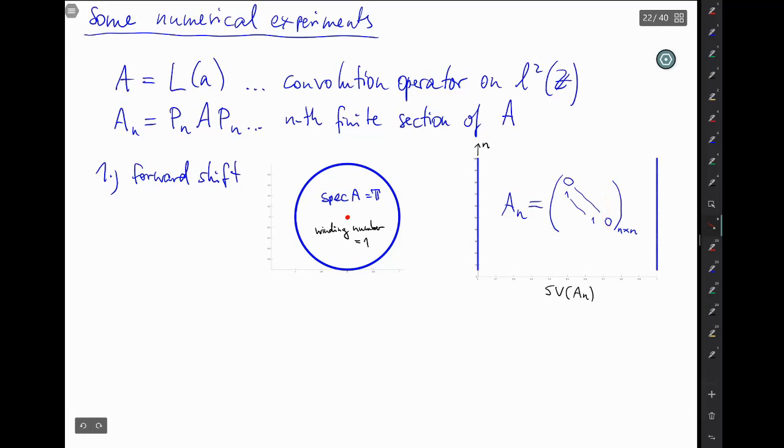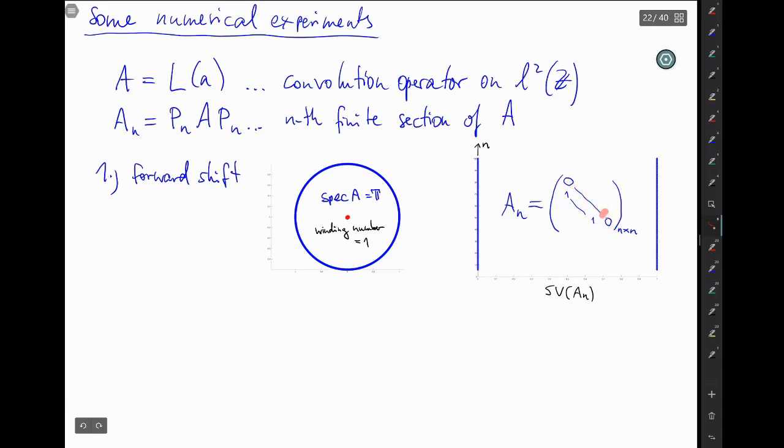The singular value decomposition would just move up all the rows by one position and then get the first row into the last position, which is this rotation thing. And then you have your diagonal matrix, which has ones on the main diagonal up until the penultimate entry, and the last one is 0.